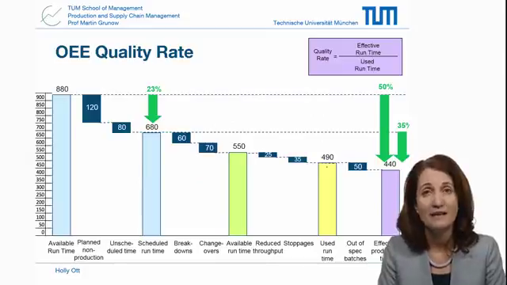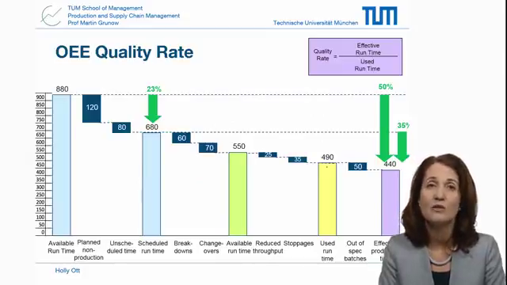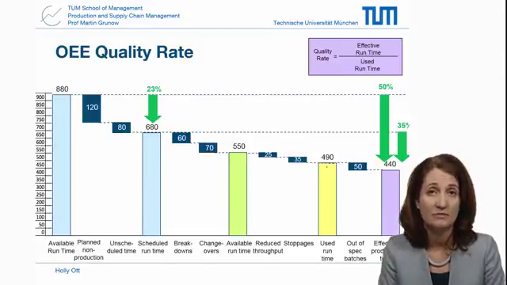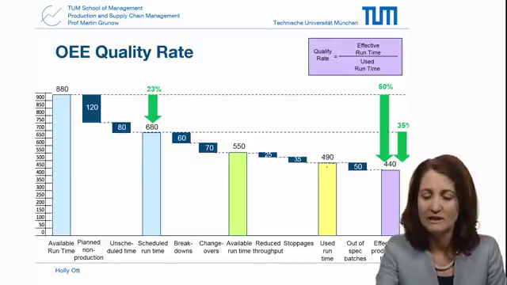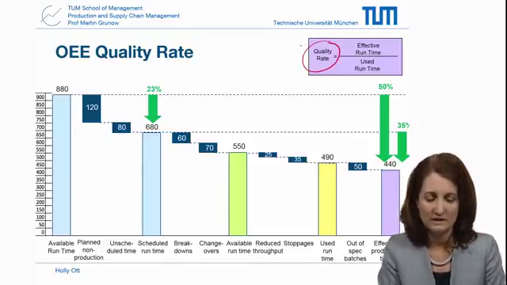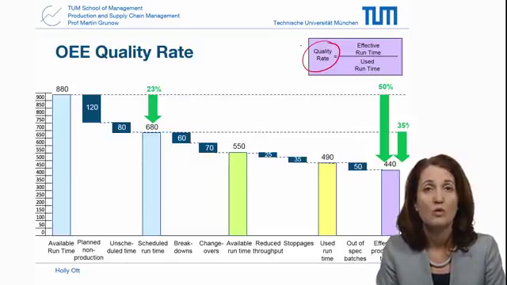We saw this again in this course in the overall equipment efficiency lecture, so that the yield is measured as part of the OEE, where we look at the availability rate, the performance rate, and here, the quality rate. The quality rate is reduced then to losses due to quality issues, rework and scrap due to defects.